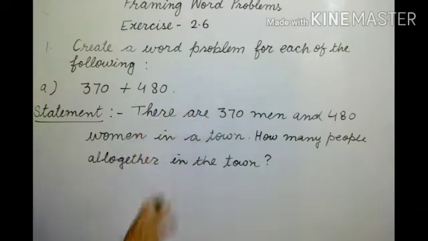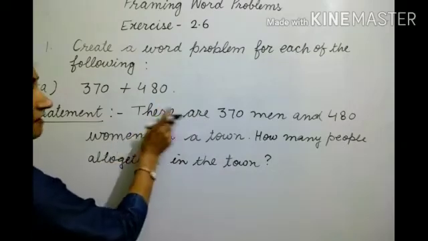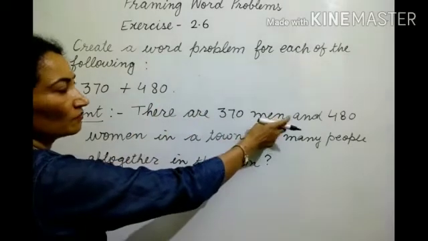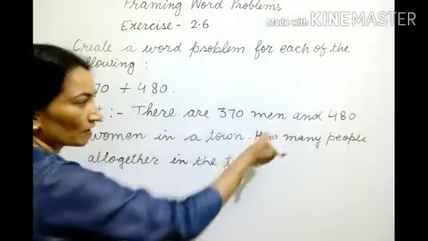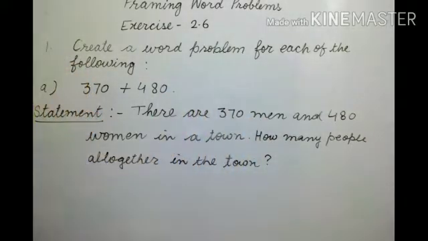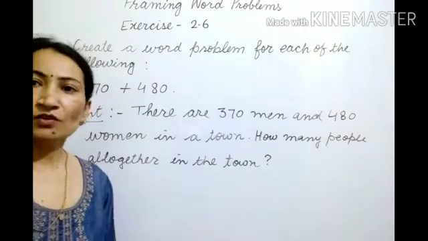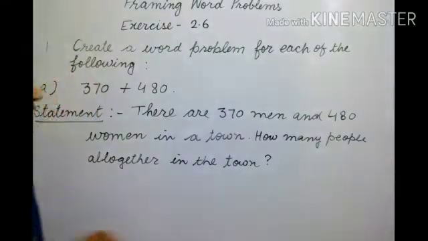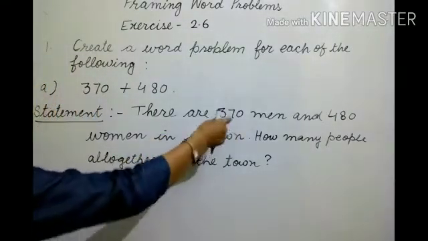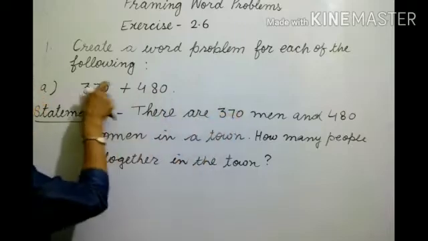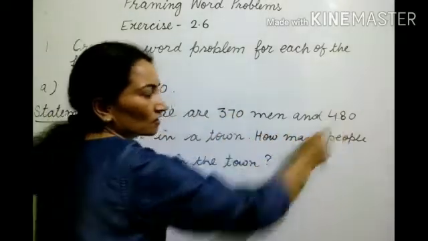I have taken just one example to tell you how we create a statement. There are 370 men. At place of men we can take another objects also. We can take apple, we can take mangoes, we can take any distance. So we can write anything. Okay, there is no limit to make a statement. Only we are given two numbers that we will use.